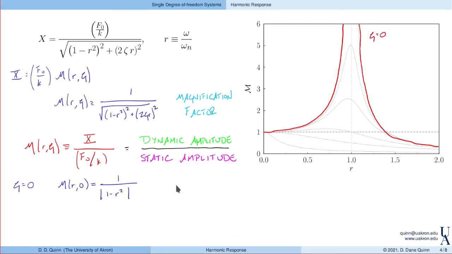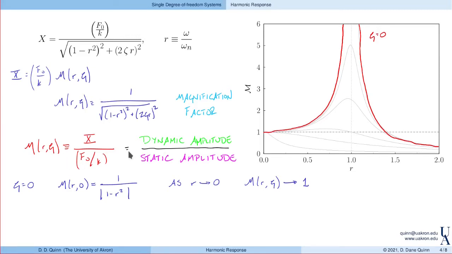Now, notice that as r approaches 0, for any value of the damping ratio, this term approaches 1. So regardless of the value of the damping ratio, all of these curves, and we're going to draw these for various values of the damping ratio, end up approaching 1.